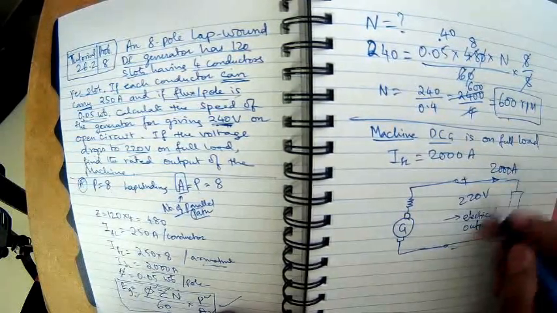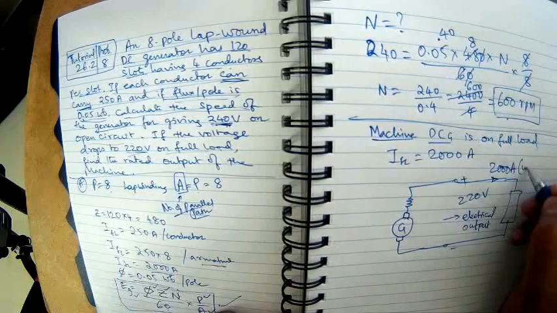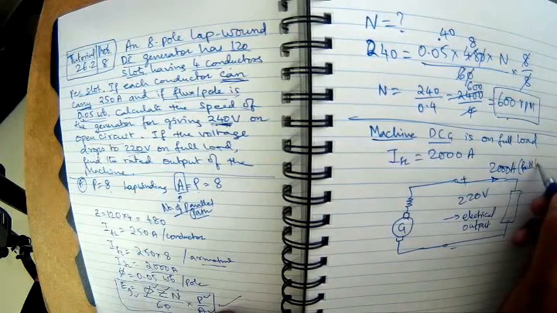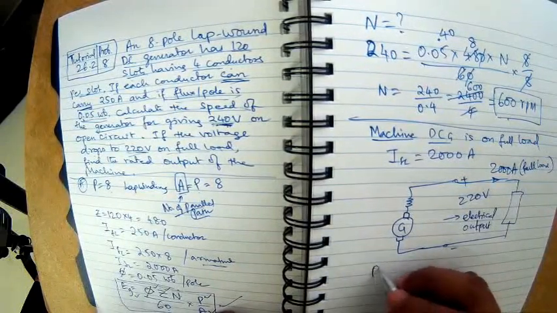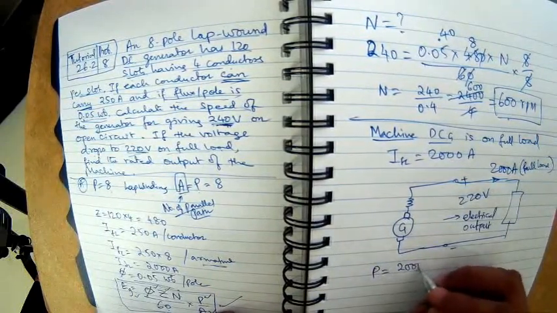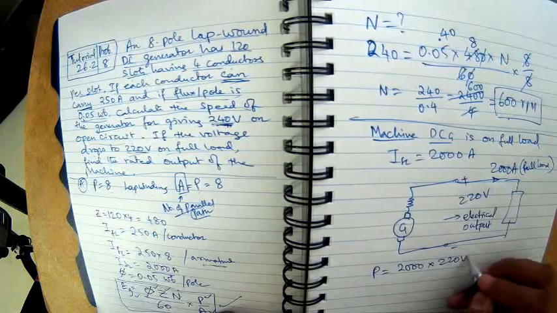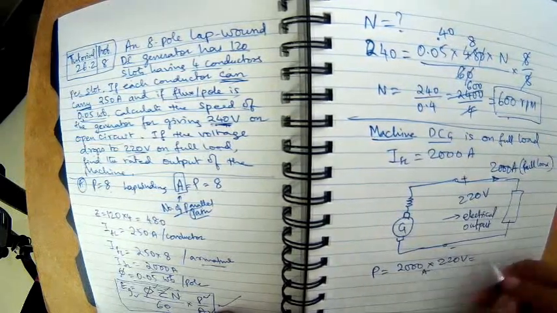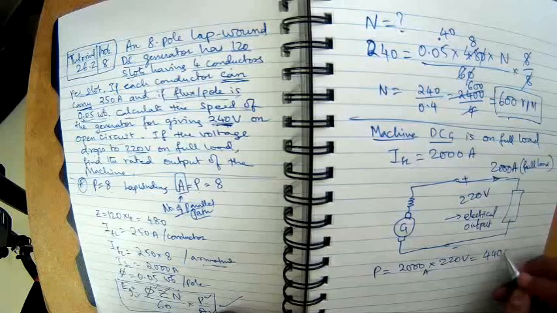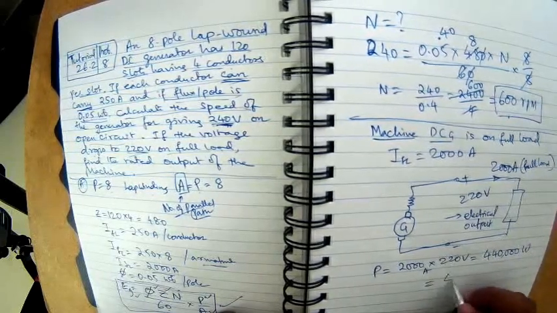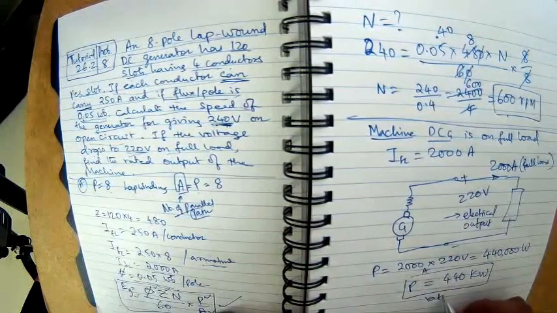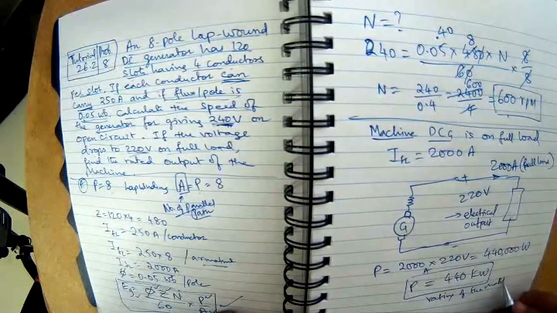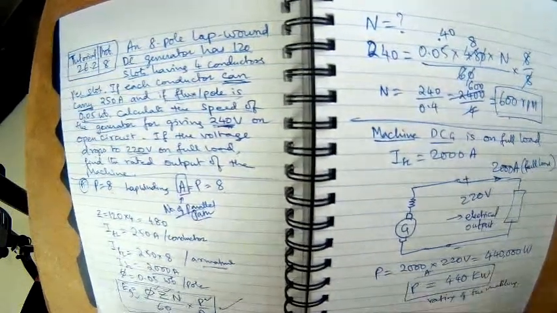So obviously I can now find out the output power under full load. 2000 amperes into 220 volts is nothing but 440,000 watts, or 440 kilowatts. So this is supposed to be the rating of the machine. Whenever we say rating of the machine, we usually talk about the output of the machine.